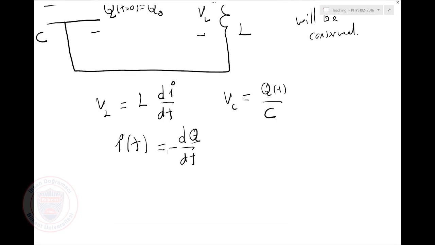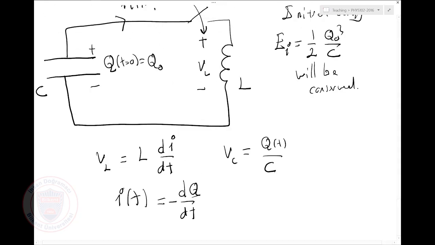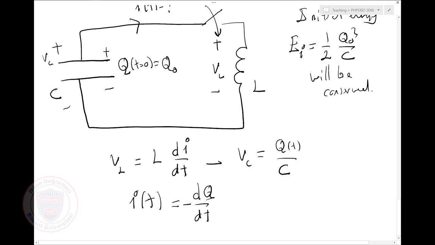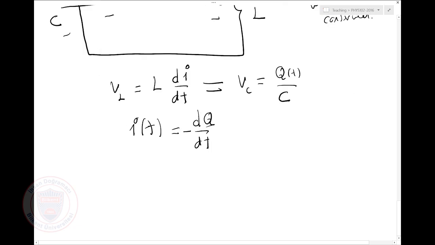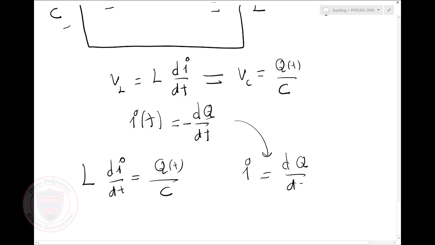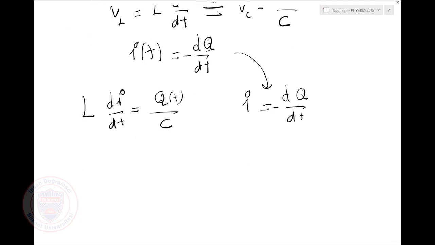So now I have two equations here, but clearly the voltage across the capacitor is equal to the voltage across the inductor, right? The first one tells me that L di/dt is Q of t divided by C, and the second one tells me that I is nothing other than dq/dt with a minus sign. Now I can combine these equations very easily.